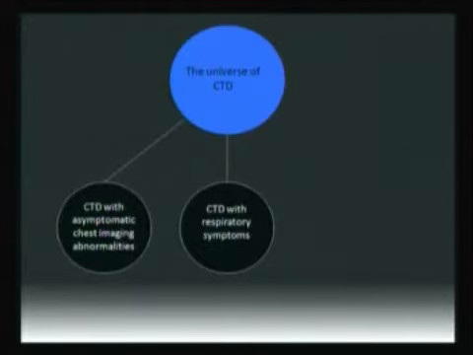However, sometimes our radiologists take a high-resolution CT scan in a patient with scleroderma. Nobody knows why. And they find chest imaging abnormalities. The patient is fine, no symptoms, normal lung function, but the CT scan is abnormal.